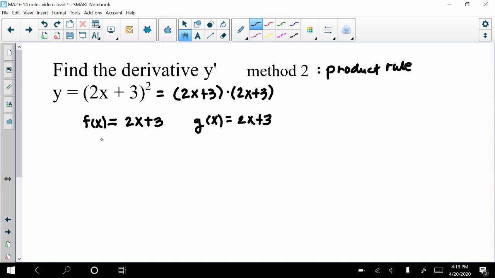Okay, then f prime of x is the derivative of 2x plus 3. So the derivative of 2x is 2, the derivative of 3 is 0. And then g prime of x would be the derivative of 2x plus 3, which we just found, and it's 2.